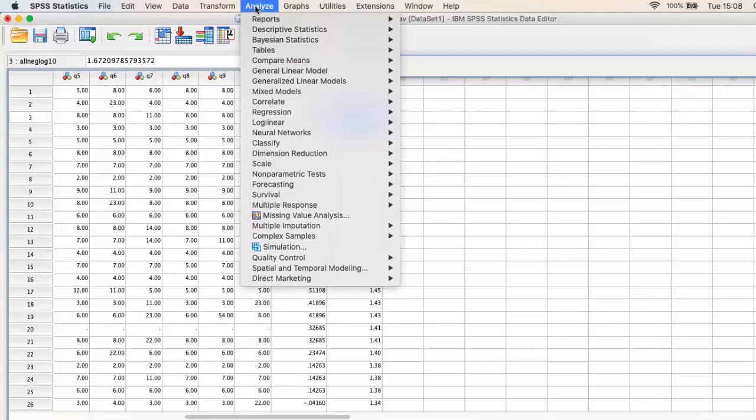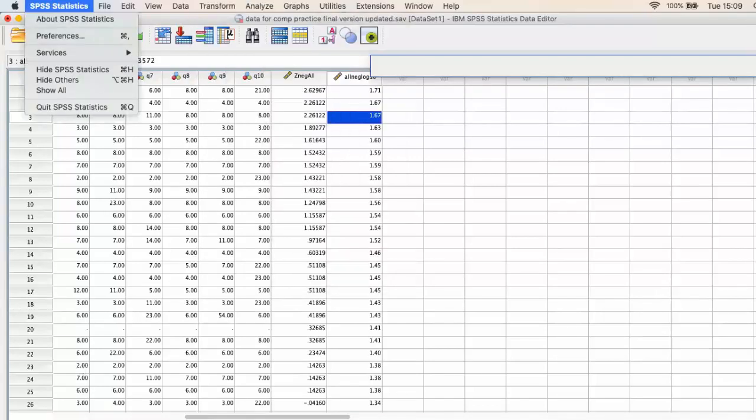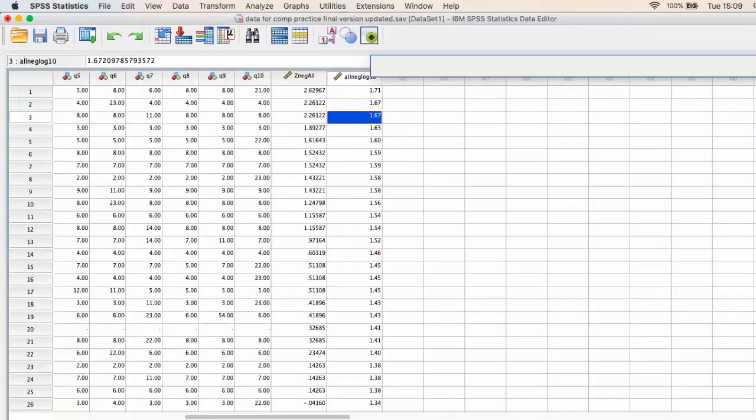And then tackle each question, one at a time, focus on assumptions first, mention them all, means, standard deviations, and then the main results, and make sure that you know how to report them APA style, and you're good to go. There's really not much more.